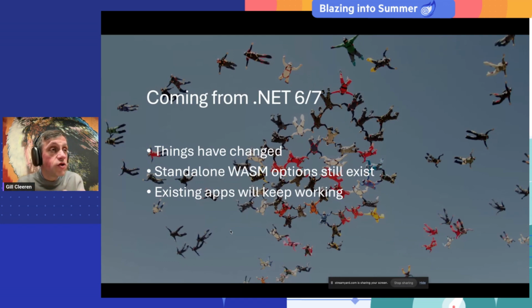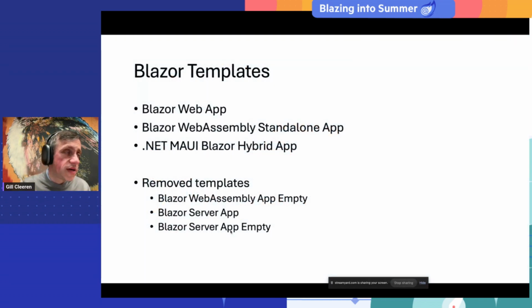But of course, it's a good idea to move into what is now the default, a new template called the Blazor Web App. That's really the mother of all templates, let's say, for Blazor applications. This is where we will start now to build what we have available to us today. As mentioned, the WebAssembly standalone template still exists.